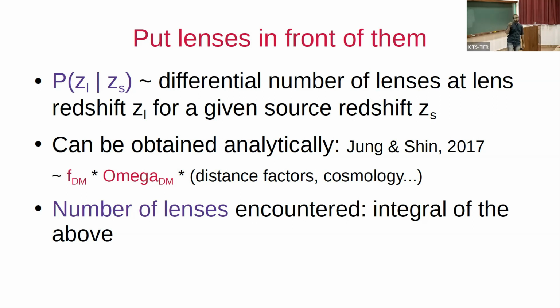For physically reasonable assumptions like uniform in co-moving density, this P of ZL can be analytically obtained. It is given in this paper. It's basically some factor which is proportional to the fraction of dark matter, the total amount of dark matter, and some cosmological factors. The actual number of lenses that you will encounter will be given by an integral of this. It will basically be the normalization of this PDF.